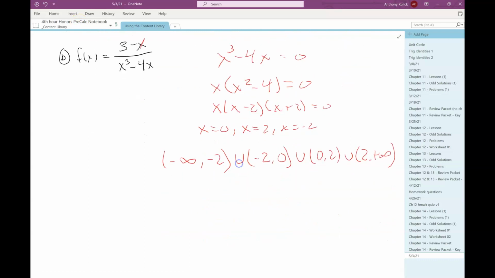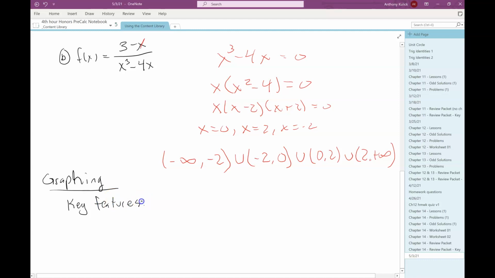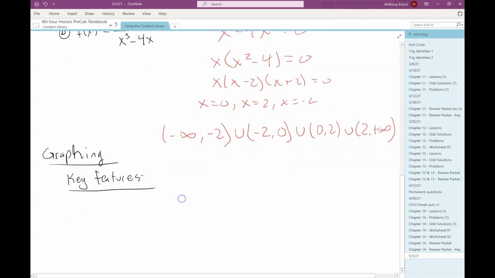So we've talked about domains. What we're going to do now is start transitioning into graphing these rational functions. There's several key features that we're going to want to be able to graph. The first one is the vertical asymptotes.